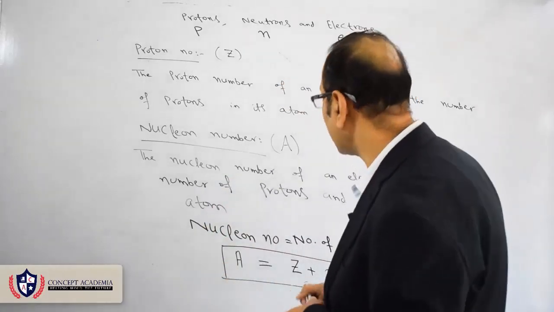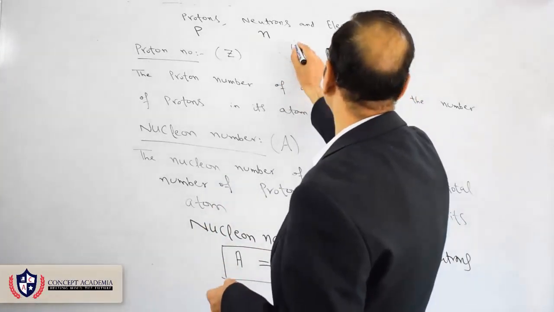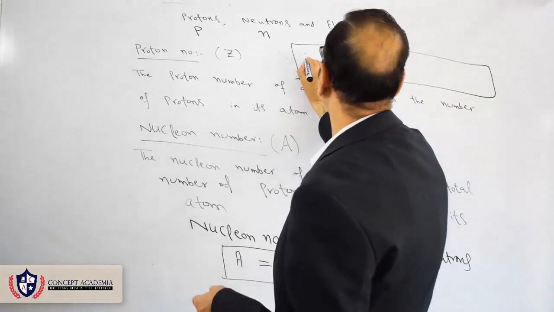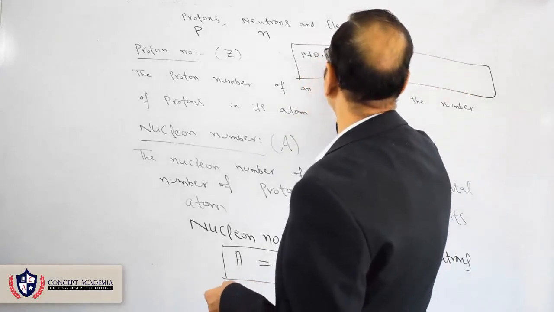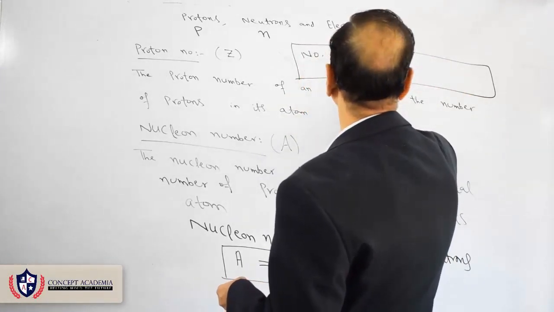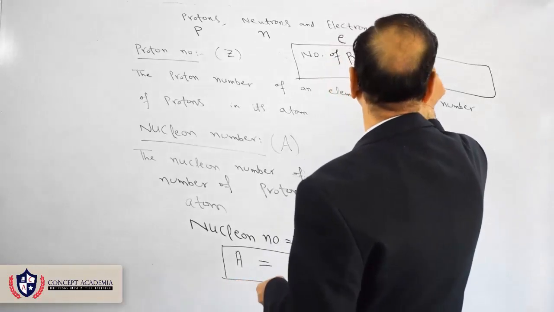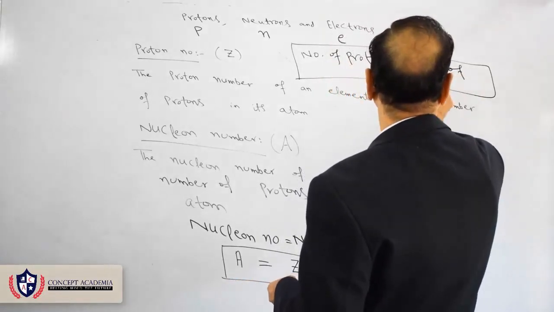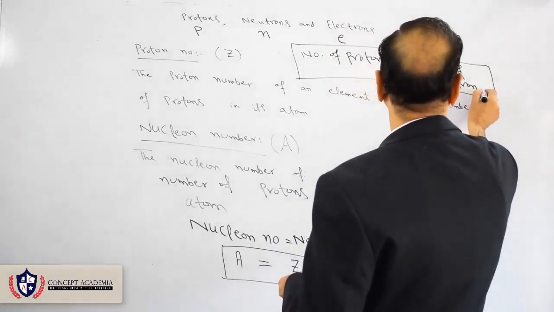So we can say that in case of an atom, the number of protons is equal to the number of electrons.